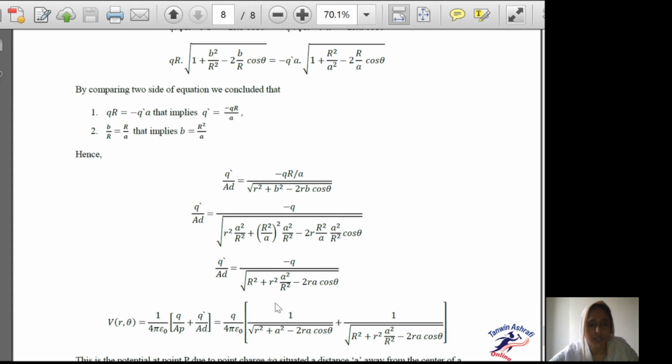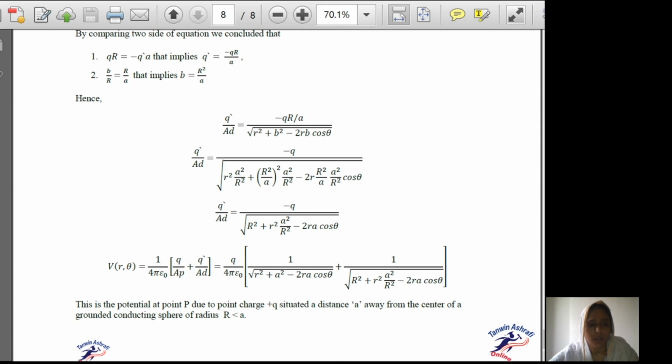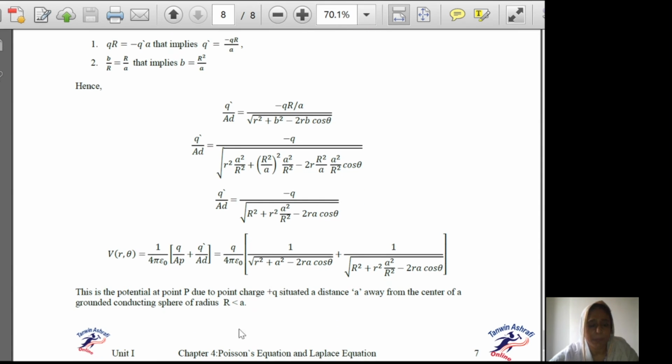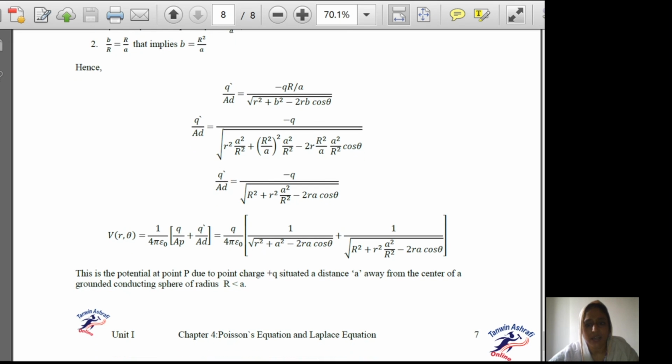Now when we substitute that value in the potential equation over here, we will get this result. This is the potential at point P due to the positive charge situated at a distance A away from the center of a grounded conducting sphere of radius capital R less than A.